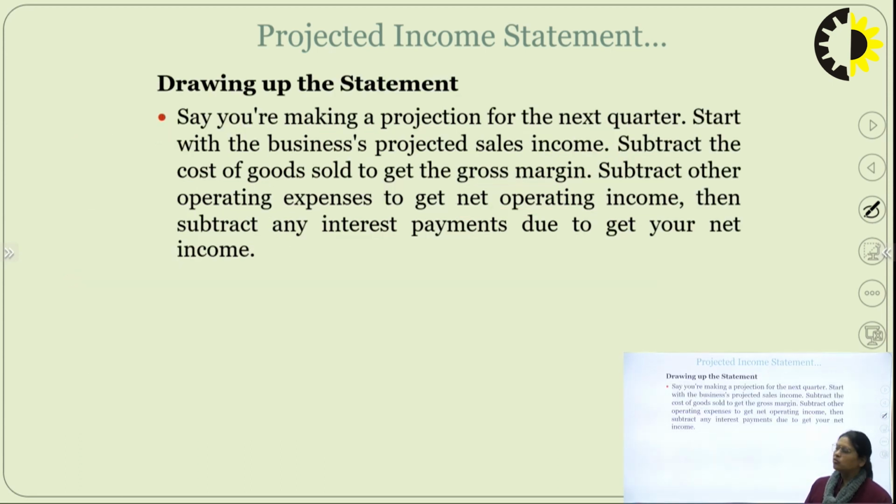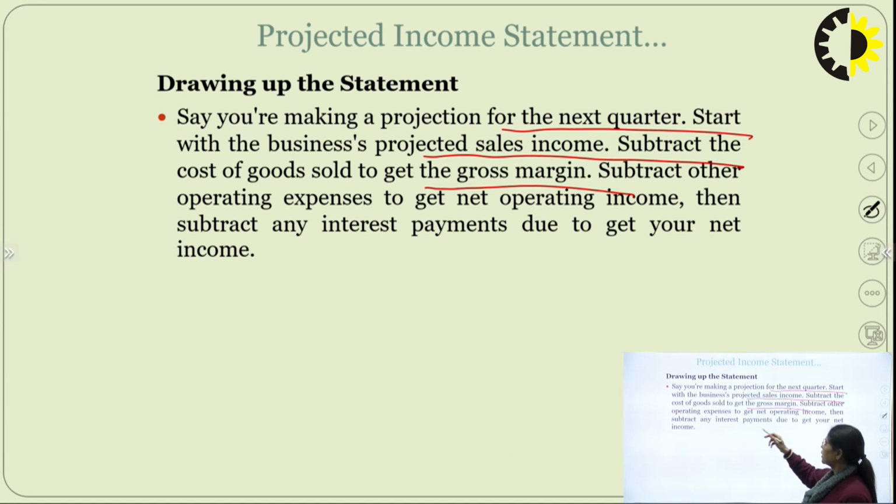Now, drawing up the statement. If you are making a projection for the next quarter and have just started the business, project sales income regularly, and then subtract the cost of goods to get the gross margin value. As we have already told you, we subtract the expense value from the total income, and after that we get the net profit value.